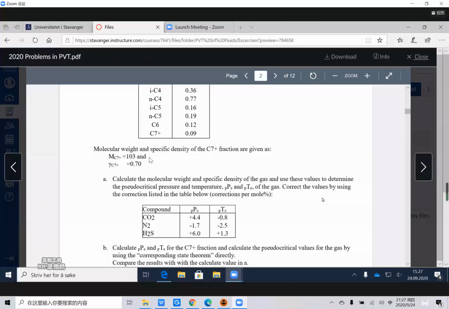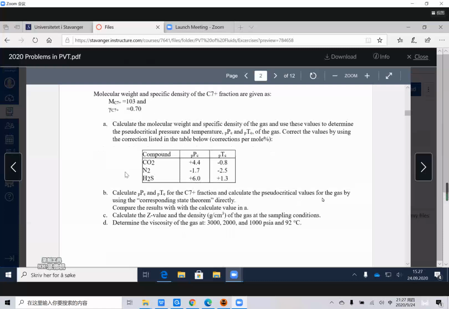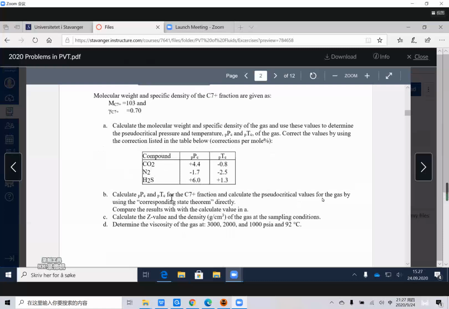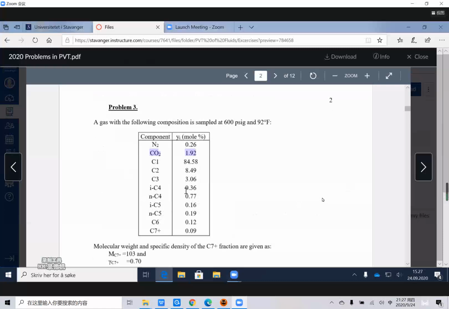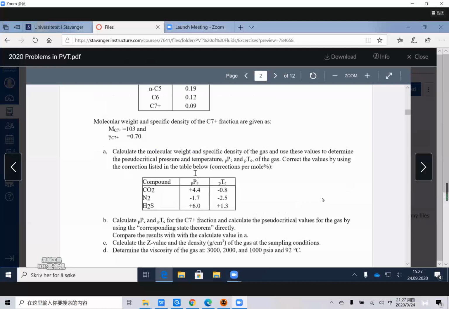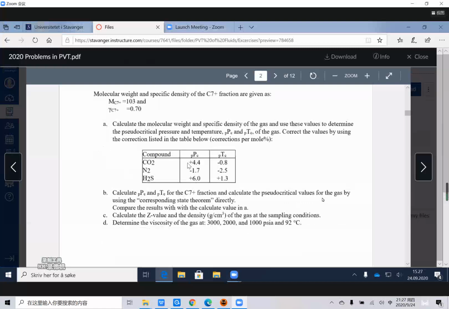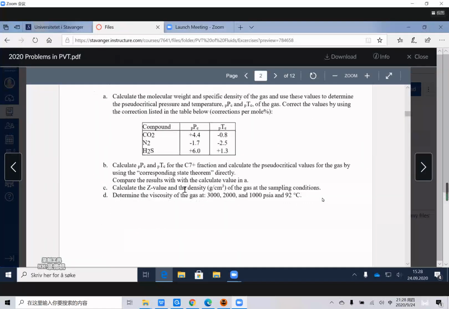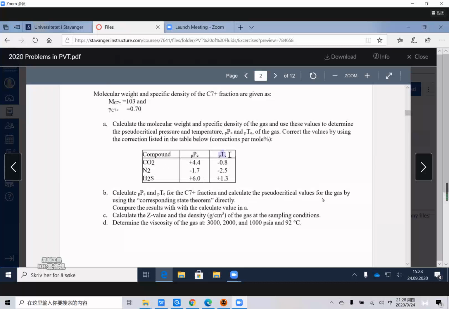You can see here and here. So we have to make a correction. The correction is per mole, so this correction is for 1 mole. So we have to multiply it by each mole fraction to correct the pseudo-critical temperature and pseudo-critical pressure.